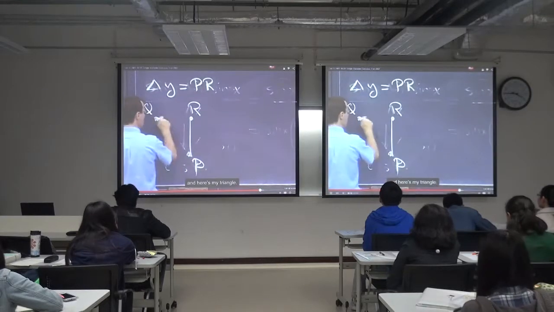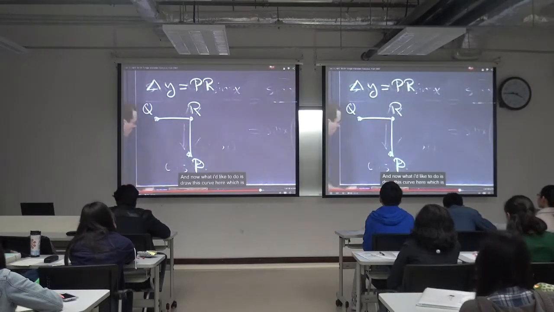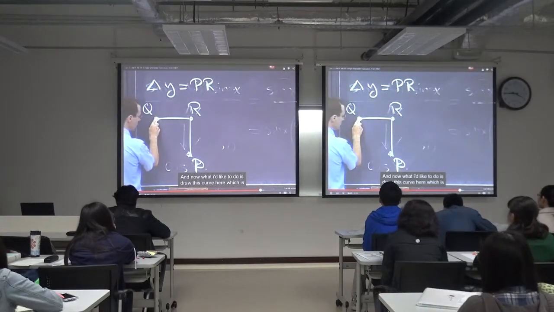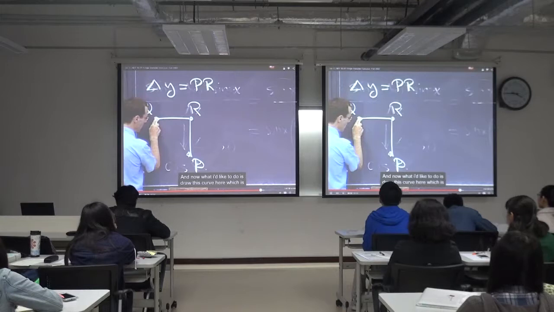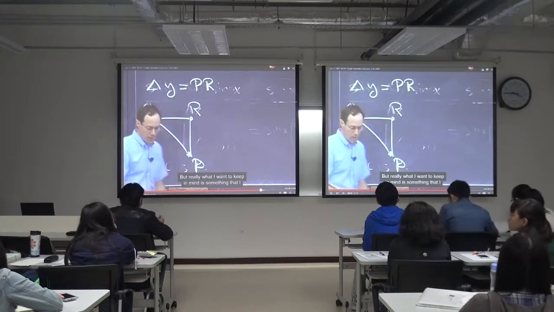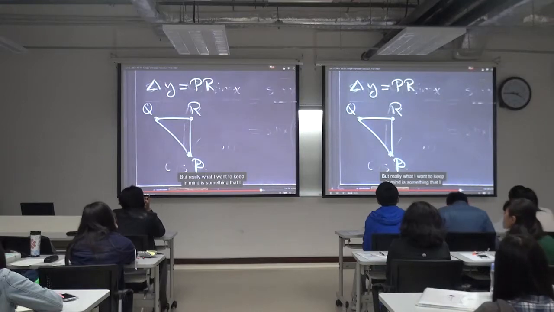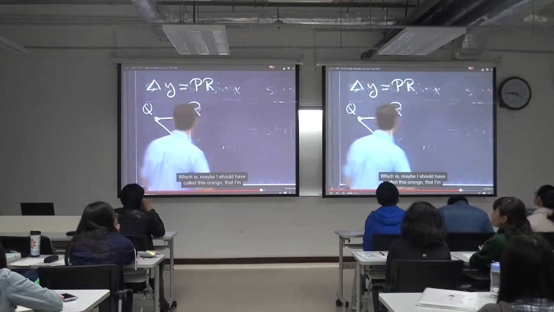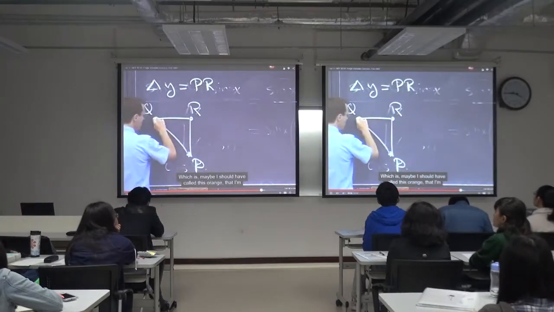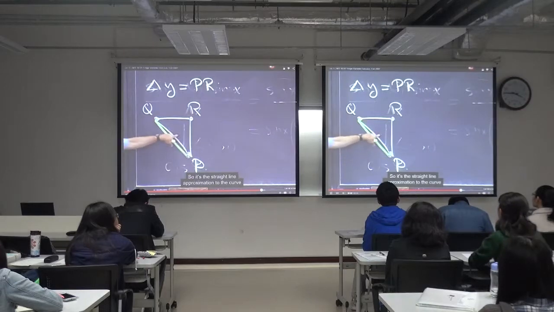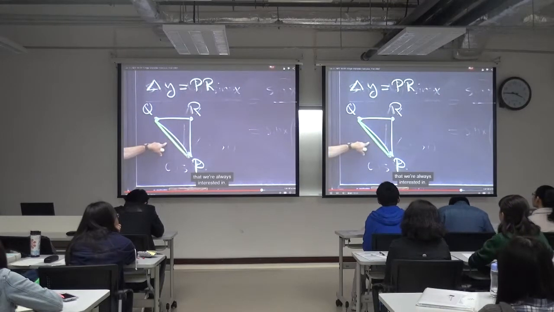And here's my triangle. And now, what I'd like to do is draw this curve here, which is the piece of the arc, the circle. But really, what I want to keep in mind is something that I did also in all these other arguments, which is that I'm going to think of this straight line. It's the straight line approximation to the curve that we're always interested in.